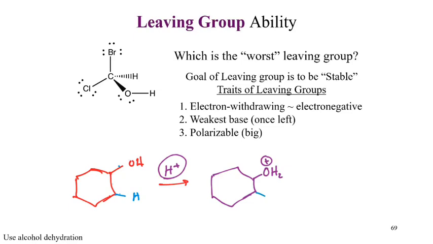Now it is a great leaving group, and now I can do the elimination. So recognizing what your other reagents are doing, why they are there, will help key you off to when you have a good leaving group versus when you don't.